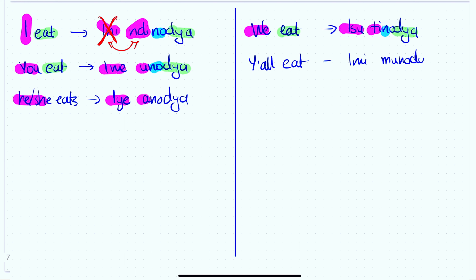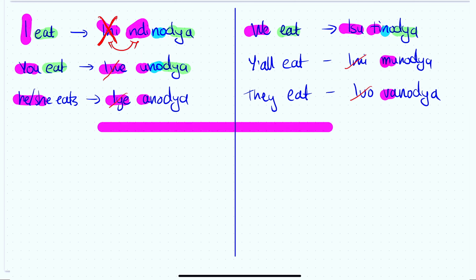They eat becomes ivo vanoja. In a sentence, you can drop the absolute pronoun, but you cannot drop the concord. These are all the personal pronouns.